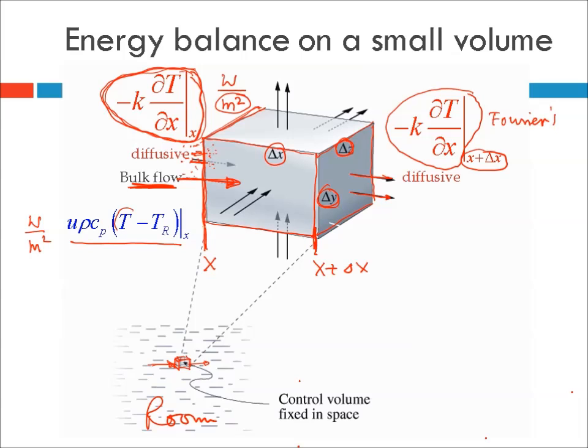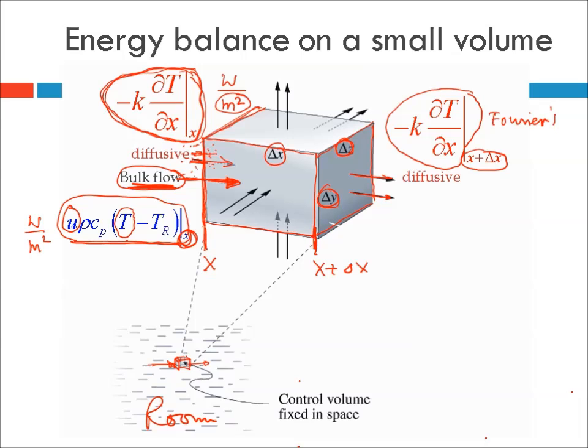And because we are allowing things like temperature and velocity to vary, in order to get the energy flux due to bulk flow, we need this quantity evaluated at x. So once again, this is on top of how energy is moving in by conduction. This is simply because the air itself is moving in.